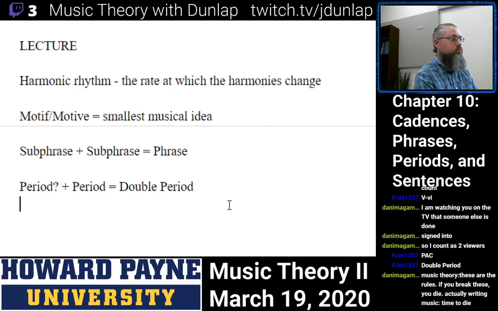Here's phrase 3. So, the same question gets asked twice. Second time around, there's more notes, but it's the same question.